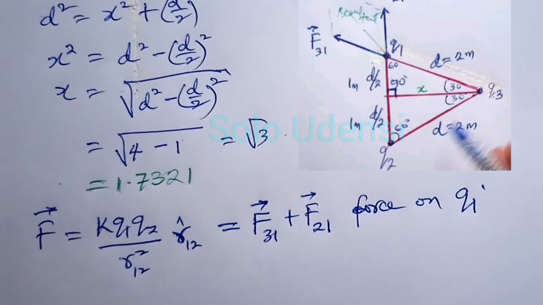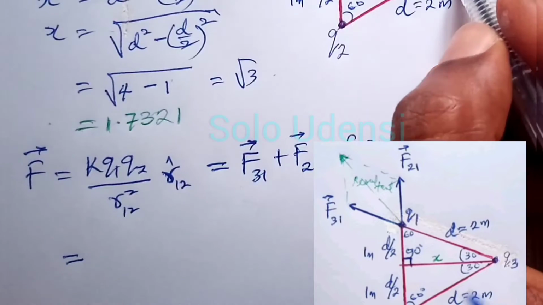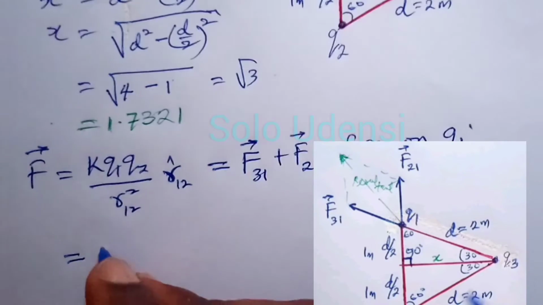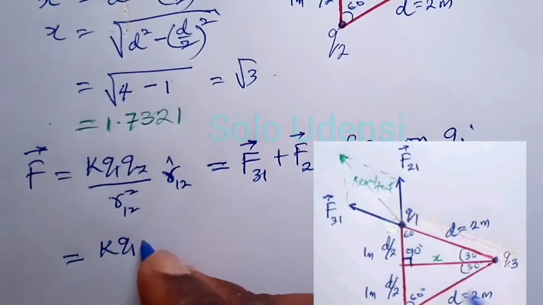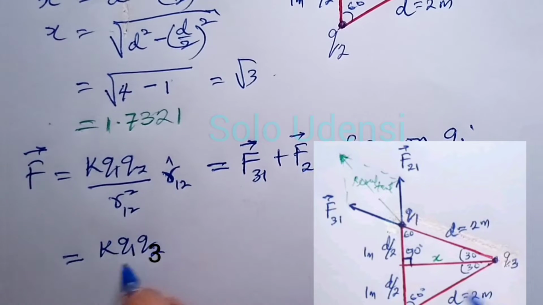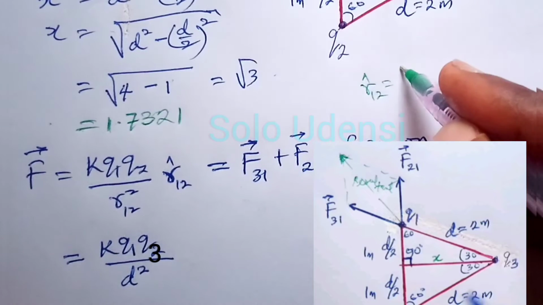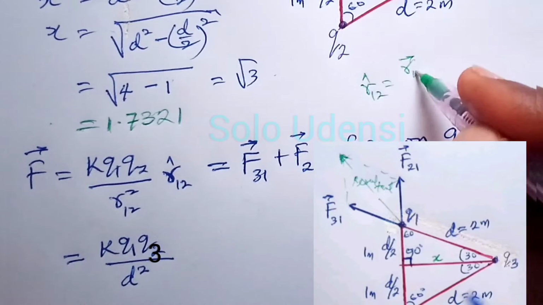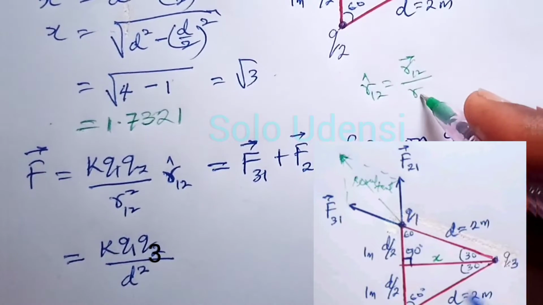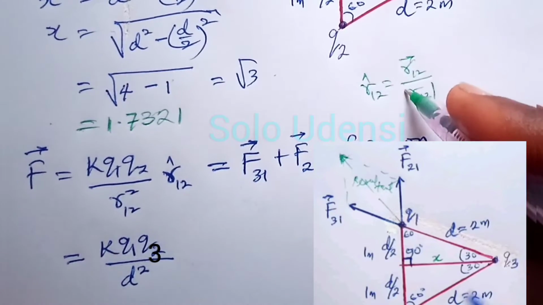In order to do it vectorially, let us do this one first. The distance between here and here is d. We say K Q1 over d squared, because unit vector r12 is equal to the vector r12 over the magnitude.